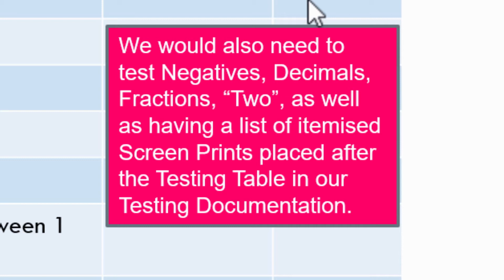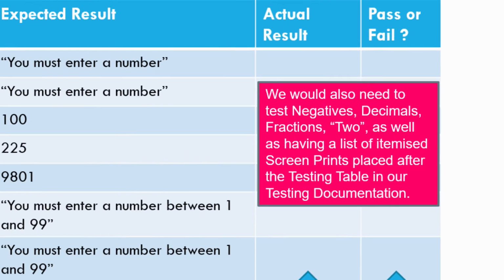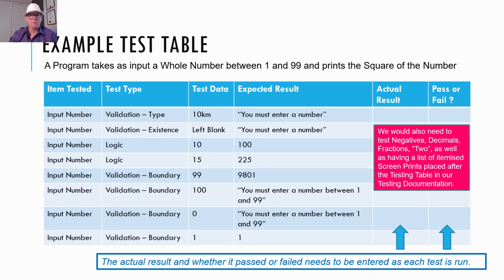You do all of those sorts of things, the Homer Simpson test, typing in the word TWO instead of just typing the number 2. And you take screen prints of each of the results. They won't fit in this table, but you usually list them underneath the table in your Word document, screen prints to prove and show exactly what happened.